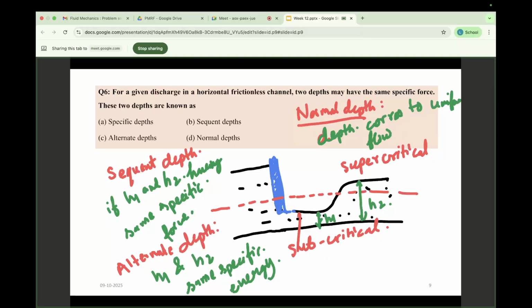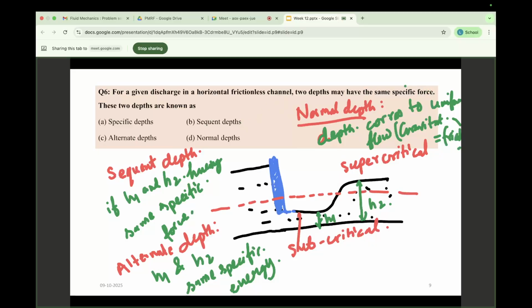So when will there be uniform flow? In one or two slides back, I discussed this: if gravitational force and frictional force are equal, that is normal depth. So these are the three depths.